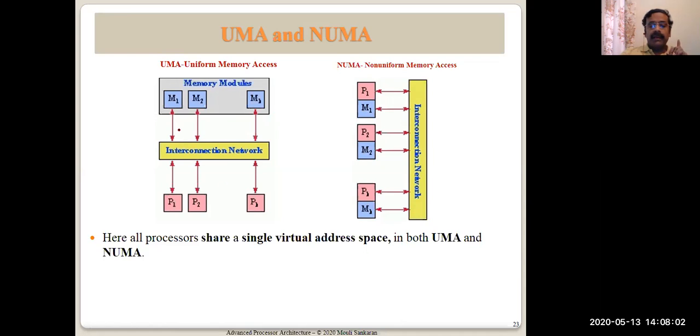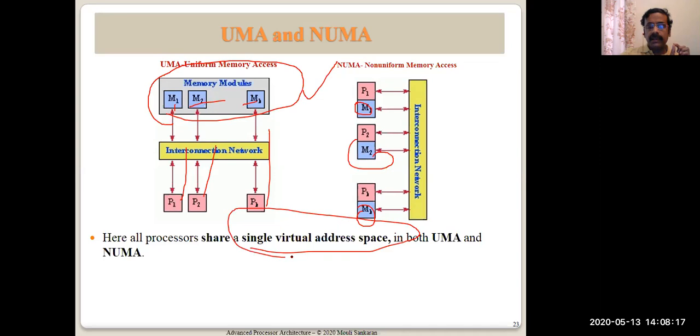If it is all in one place physically and they all connect through an interconnect network, it is uniform access. But if you divide these memory blocks and put them in different locations, they are still a single address space, but they will take more time depending on where the access is going. If this processor is accessing this memory, it will take more time; if it is accessing this, it will take less time.